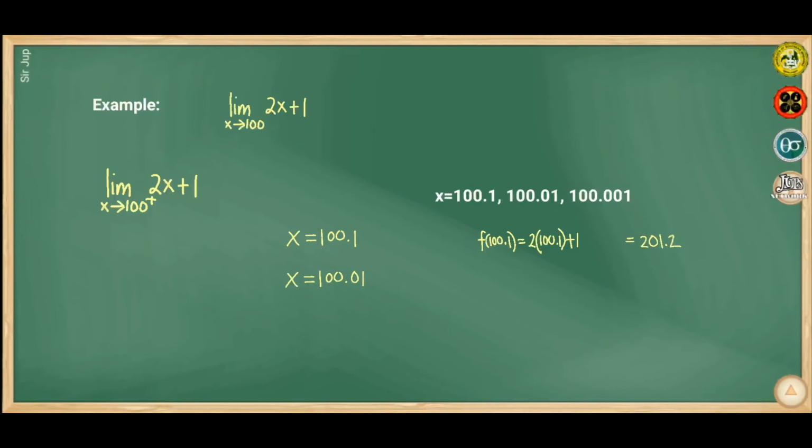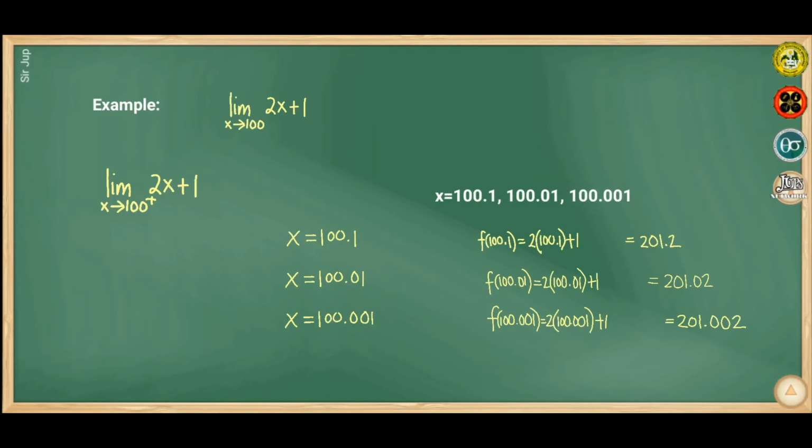If x equals 100.01, f of 100.01 equals 2 times 100.01 plus 1 equals 201.02. If x equals 100.001, f of 100.001 equals 2 times 100.001 plus 1 equals 201.002.